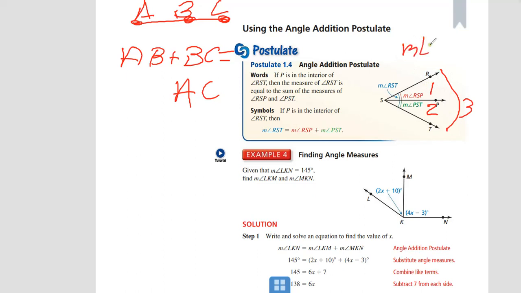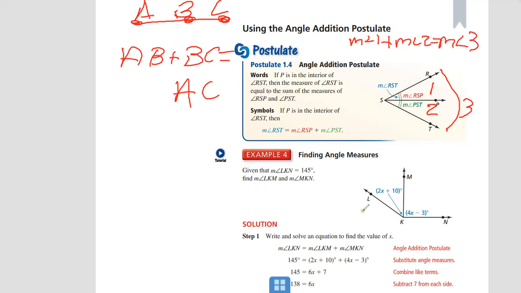Measure of angle 1 plus the measure of angle 2 equals measure of angle 3 in this drawing here. They used the way of naming it with the points, but it's the same thing.